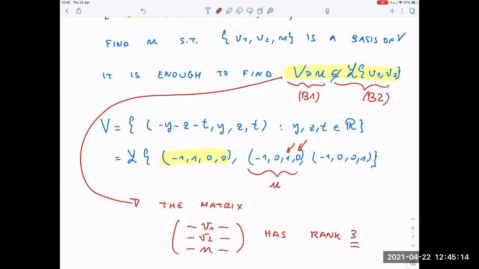So you want U not to be a linear combination of V1 and V2. And you can do this simply by inspection, trying this one, and you will see that if you put this element here, the rank is 2. You try this one, you compute the rank, you see the rank is 3, and you say, I can pick this one. But actually, you can also pick this one too, because if you put it here, you will see the rank is 3 again. Okay?